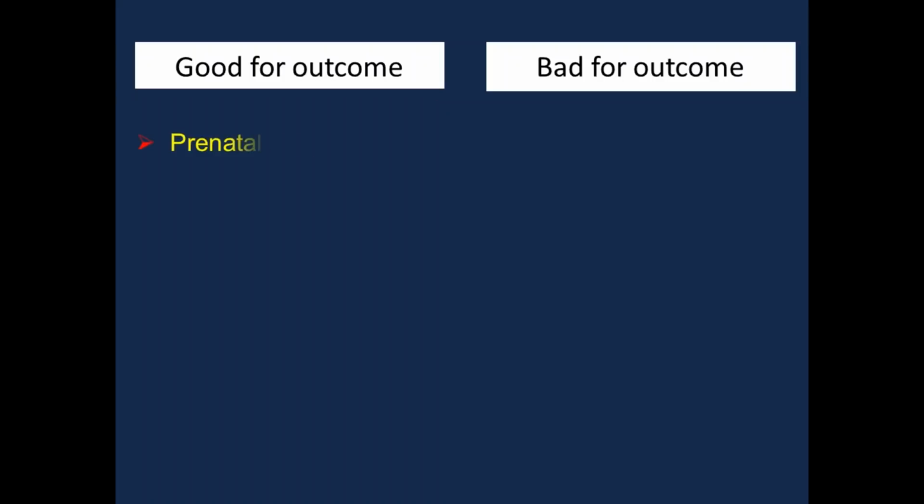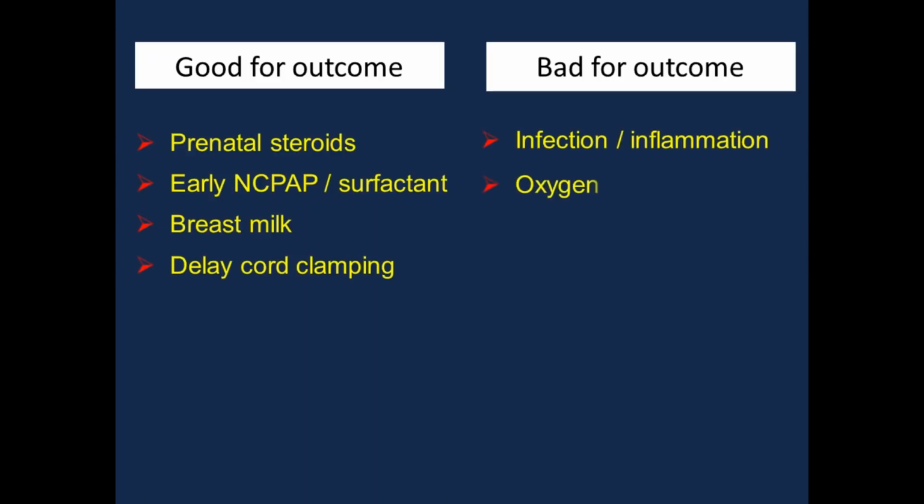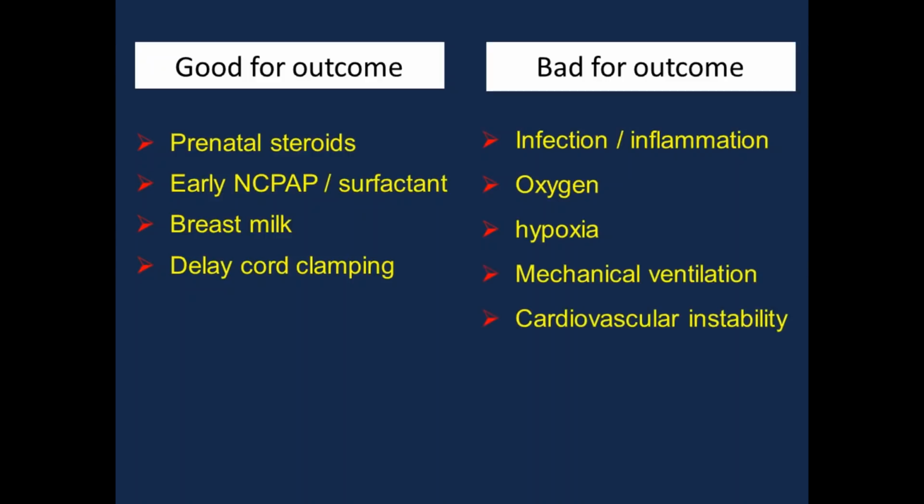We have good factors for outcomes like antenatal steroids, early CPAP, surfactant, breast milk, delayed cord clamping, but at the same time we know that we have some other confounders bad for outcomes, including infection, inflammation, oxygen, which we use to save lives but at the same time might be bad for outcome, hypoxia, mechanical ventilation, cardiovascular instability, and the medication that we are using to treat hypotension is also bad for outcome.